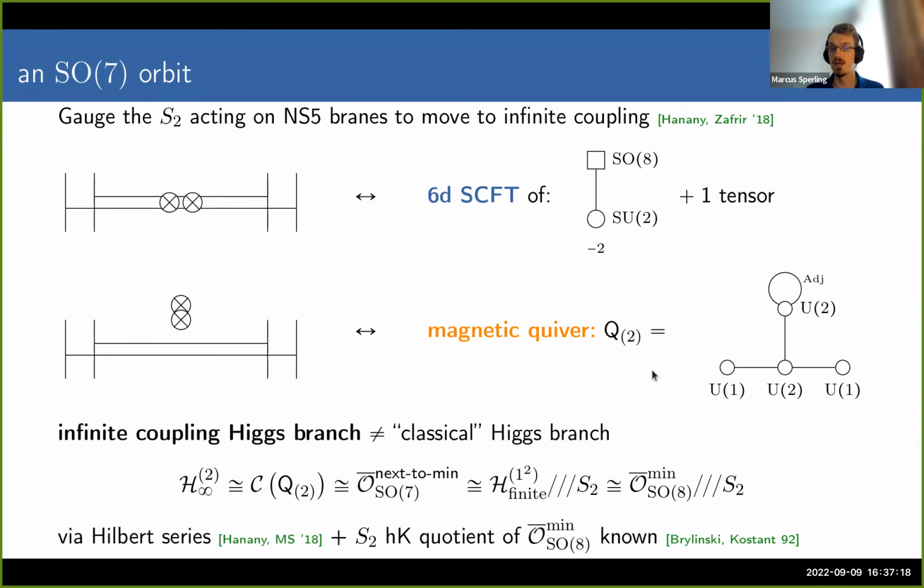Now, in terms of what we have done, we have said we gauged an S2 permutation symmetry, meaning we actually have taken an S2 hyperkähler quotient for the finite coupling Higgs branch, which would mean that we take an S2 hyperkähler quotient of the minimal nilpotent orbit of SO8, which is a fair statement if you compute a Hilbert series.